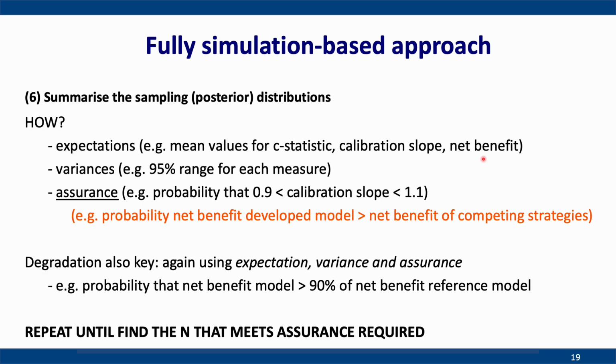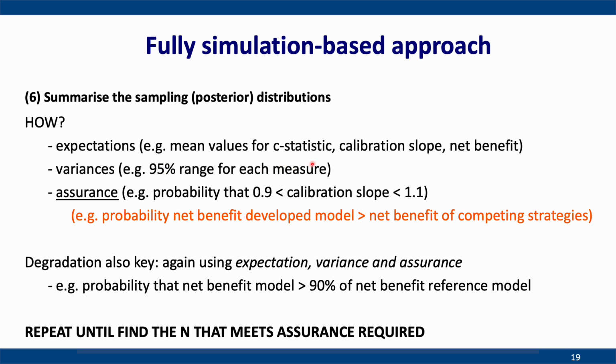But, and this is the beautiful thing really, we can now go beyond that and look at variances as well. So what's actually the variability? So, okay, the average C statistic is anticipated to be 0.7, but across all the data sets that we use to develop a model, and when we apply that back in the target population, what's the variability in the C statistic that we see?